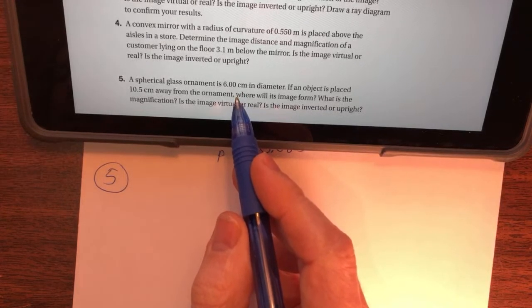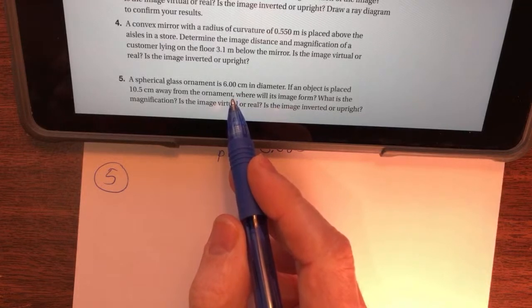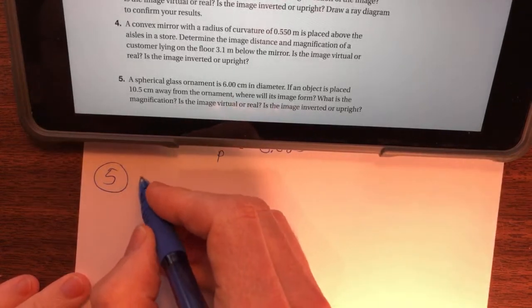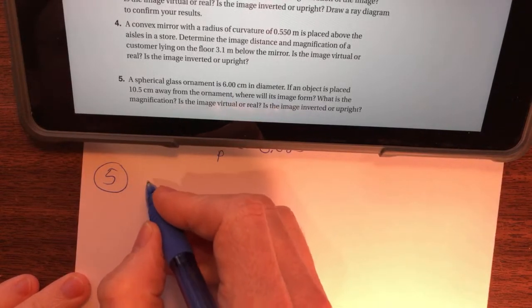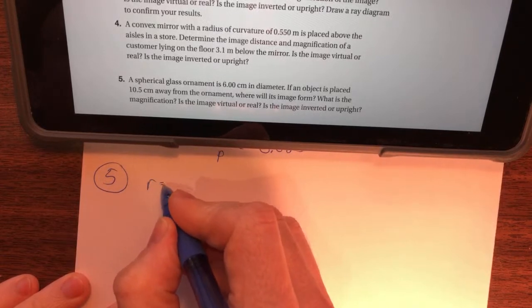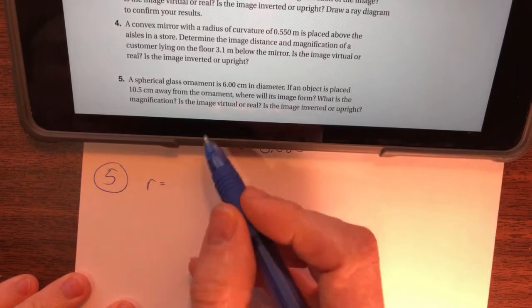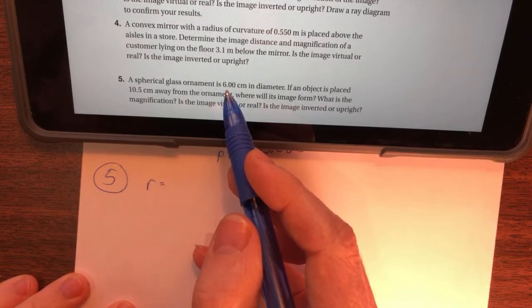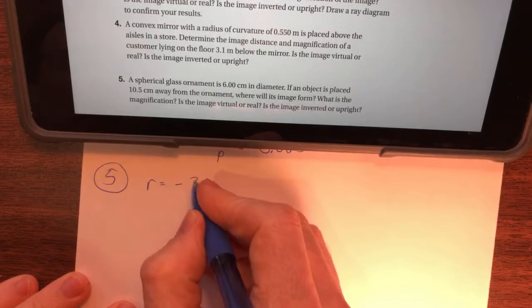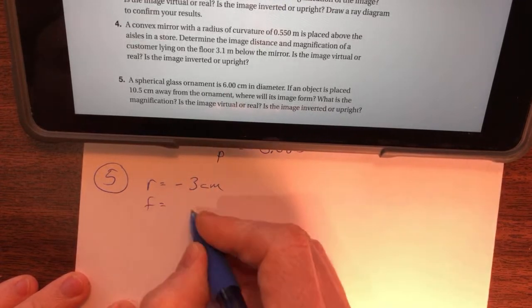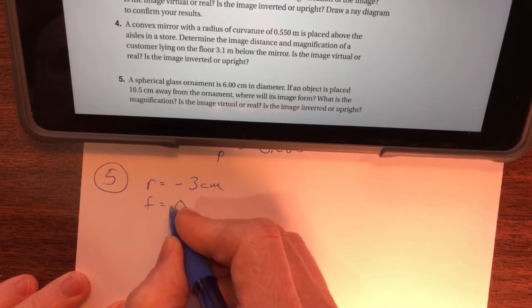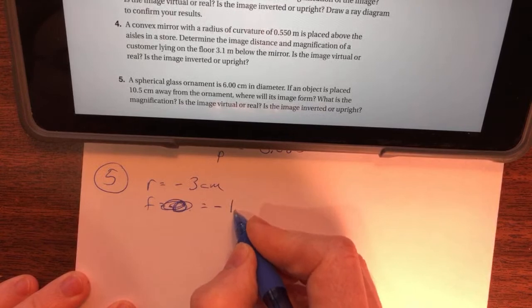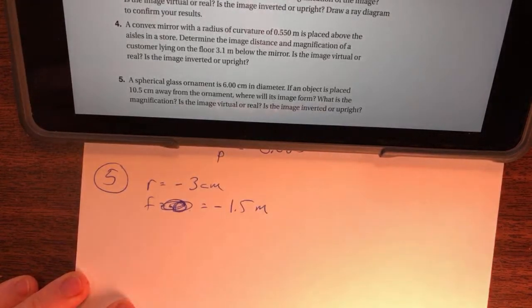So now we're getting the diameter. The diameter is 6 centimeters. That means that the radius of this thing is going to be 3 centimeters, but because this is a glass ornament, we know that this is going to be acting like a convex mirror, so this is going to be negative 3 centimeters. So our focal length is actually going to be a negative 1.5 centimeters, right? So that's our focal length.